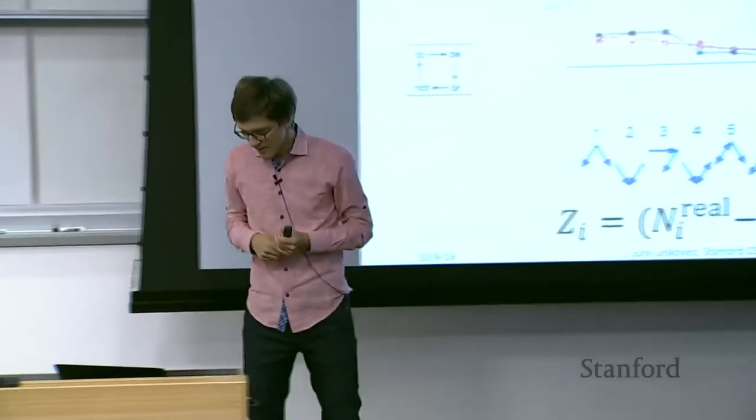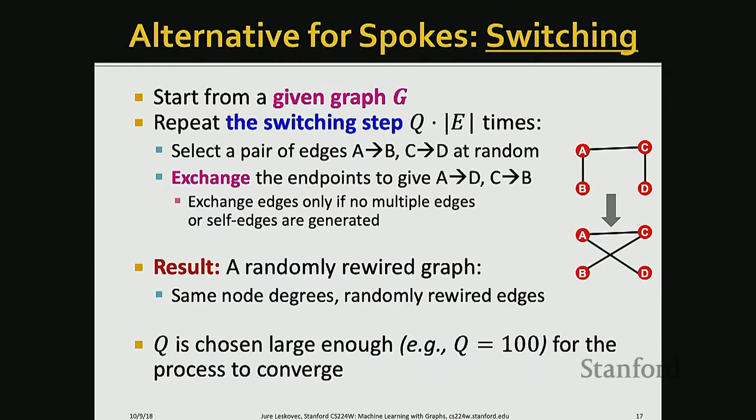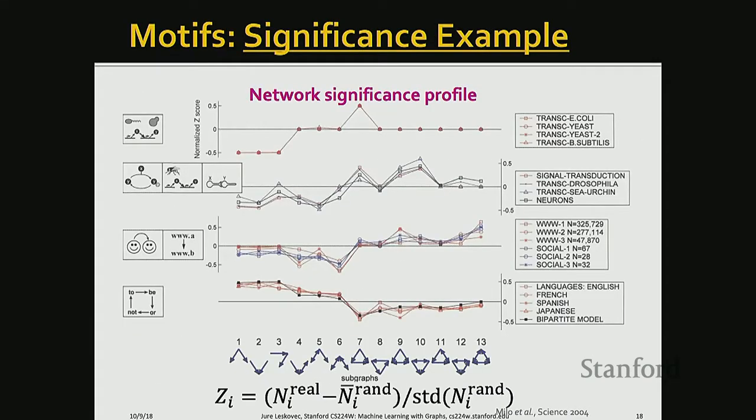So now I showed you how we can do this, right? The way we generate this plot is, we take the real graph, we count the motifs, and we generate random graphs, let's say using this edge switching method. For every random graph, we compute how many instances of that motif we have, we compute the average, we compute the standard deviation over these random graphs, and compute the z-score.